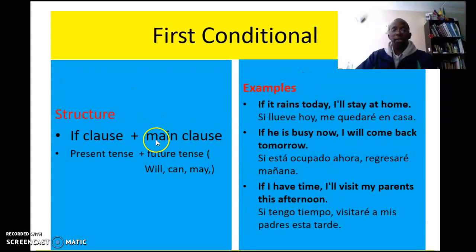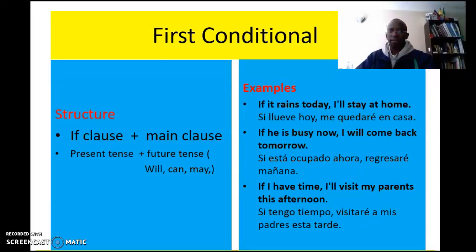And again, when it comes to the first conditional, you can see that the present tense stays, and only the future tense is the change. So the change is only in the main clause. And we have some corresponding examples. For instance, if it rains today, I'll stay at home. This is, for me, a logical conclusion, because if I was intending to go outside and it rains, then I'm going to stay in my house.